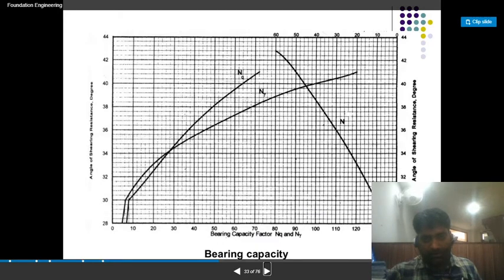So you can calculate bearing capacity factors Nq and N gamma with this chart also. On the y-axis is the angle of shearing resistance in degrees, and this curve is of Nc, this curve is of N gamma, and this curve is of Nq. With the help of this graph also you can tabulate the values of Nc, Nq and N gamma.